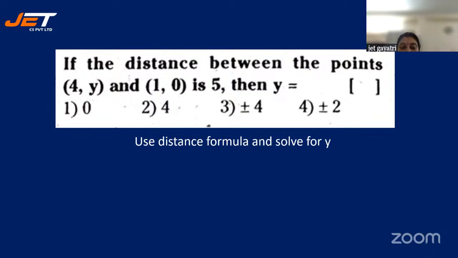So what is the distance formula? Root of x2 minus x1 the whole square plus y2 minus y1 the whole square. So this is x1, y1, x2, y2.